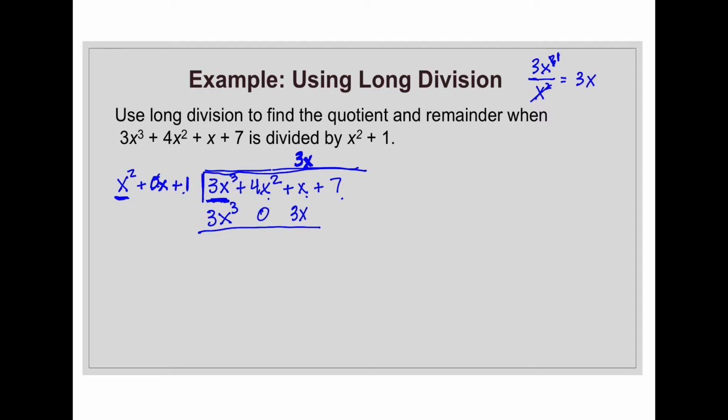So instead of subtracting, I'm going to add the negative, and I'm going to change the signs of each of these terms. So I'm going to make that negative 3x squared, negative 0, but that, of course, isn't going to mean anything. Then minus 3x. The reason why is that when you're dealing with integers, positive and negative whole numbers, it's much easier to think in terms of addition. So I'm going to add.